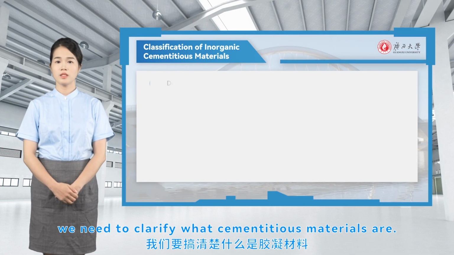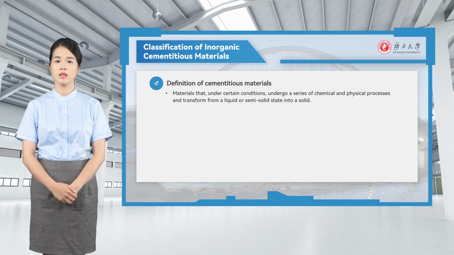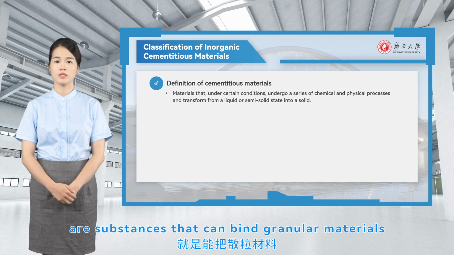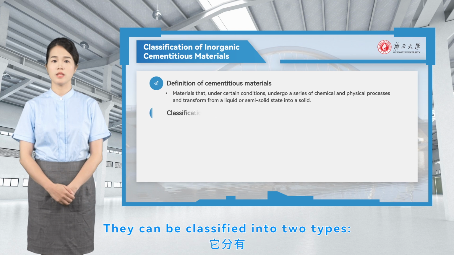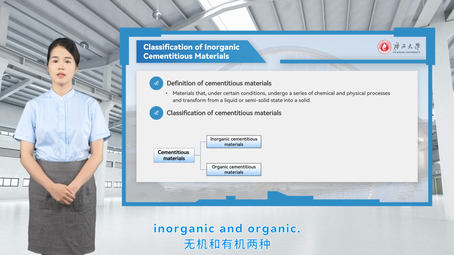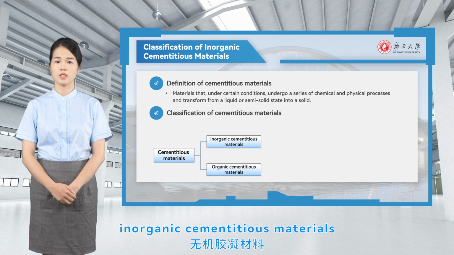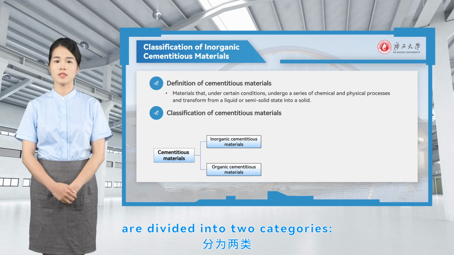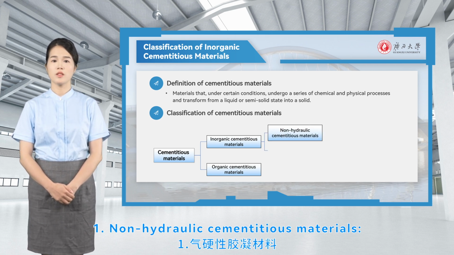First, we need to clarify what cementitious materials are. Simply put, cementitious materials are substances that can bind granular materials, such as aggregates, into a solid mass. They can be classified into two types: inorganic and organic. According to their hardening conditions, inorganic cementitious materials are divided into two categories. One, non-hydraulic cementitious materials.